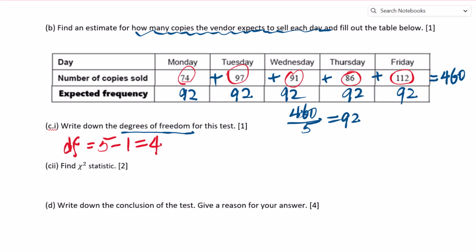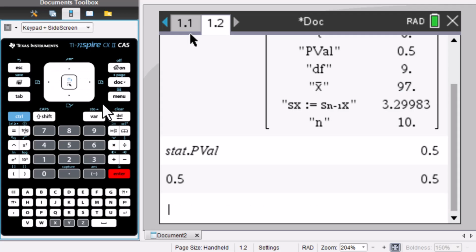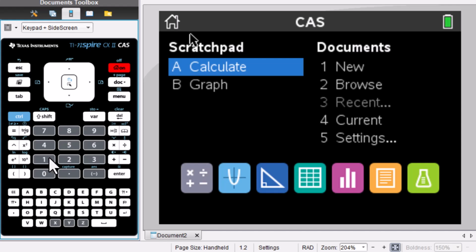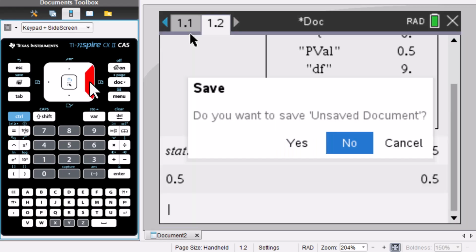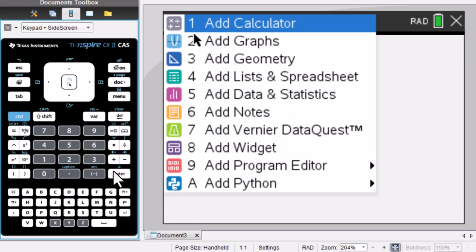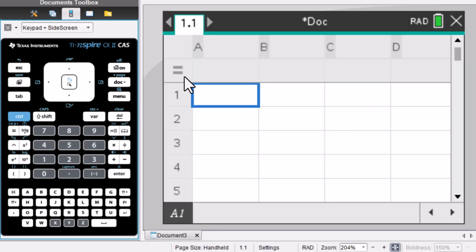C2, find the chi-squared statistic. Since we have specific data, we need to go to the spreadsheet. On 1, no. 4, spreadsheet.